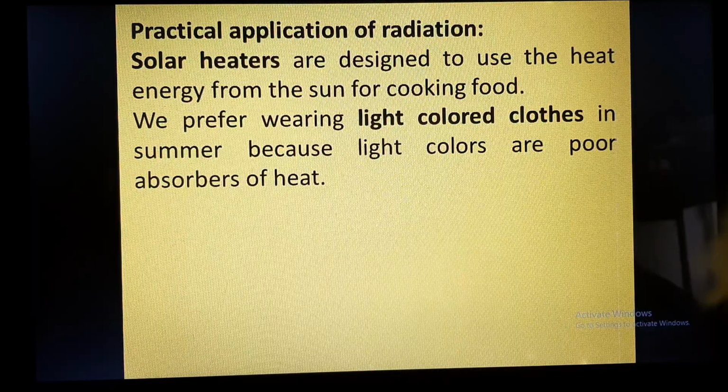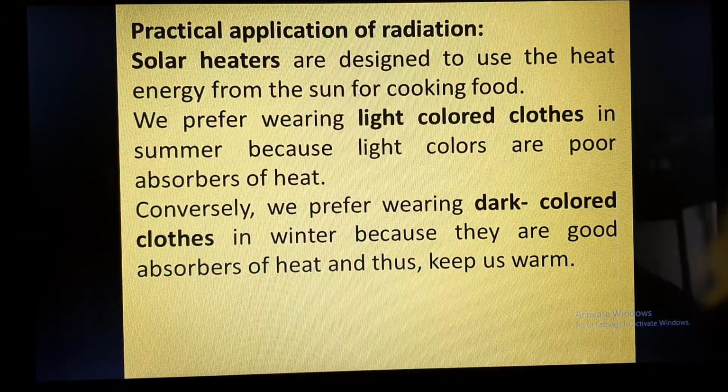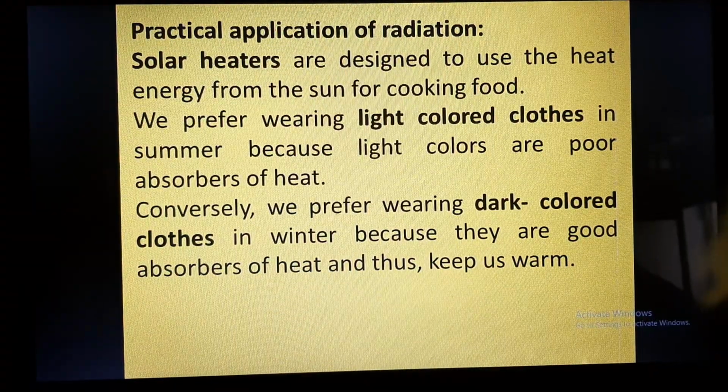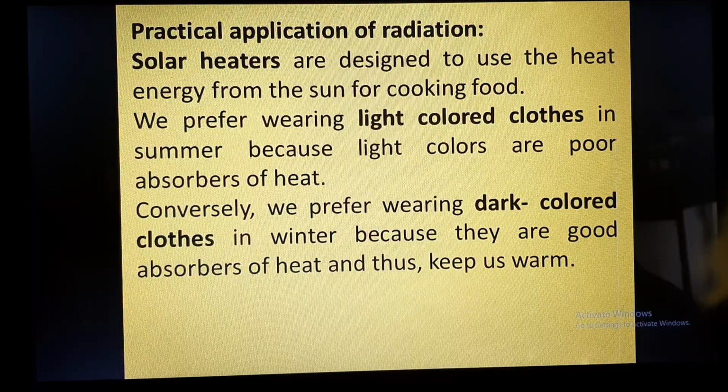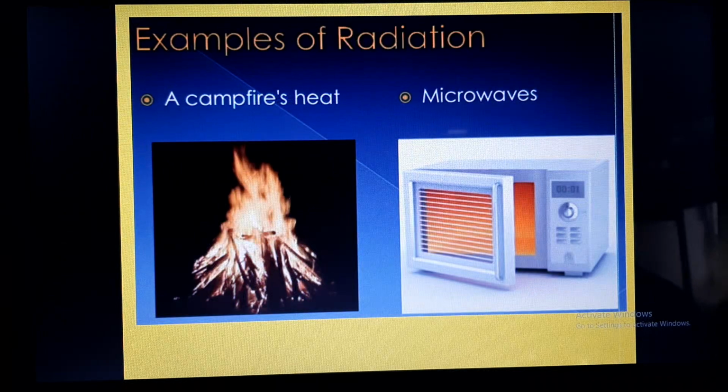Why? Because they are poor absorbers of heat. Conversely, we prefer wearing dark colored clothes in winter, because they are good absorbers of heat and thus they keep us warm. And black is the color which absorbs the maximum amount of heat. That is why you can see that solar ovens, solar cookers and solar pipes are all painted black.